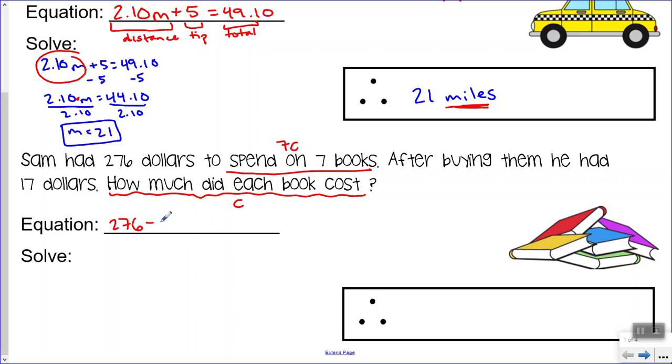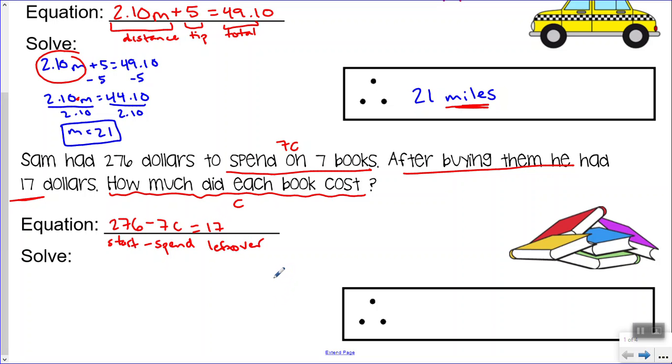So this is going to be 276 minus 7C. After buying them, I've got 17 left over. So I start with the $276, I take away the 7C, and that's going to be equal to $17, my leftover.